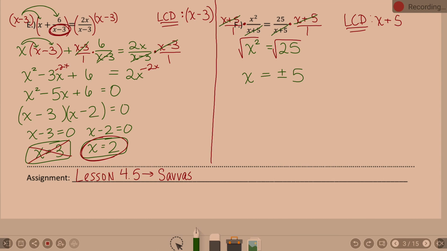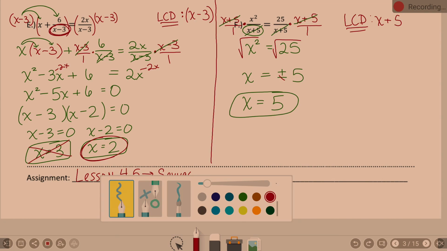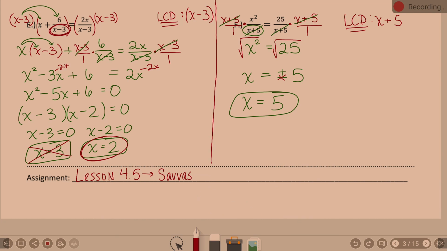What do you know here? Looking at our original denominator, it can't equal negative 5, so my actual only solution is positive 5 in this case. The negative would be a no-go. Now, side note, it was mentioned that you could have subtracted the 25 over and said x squared minus 25 equals 0.